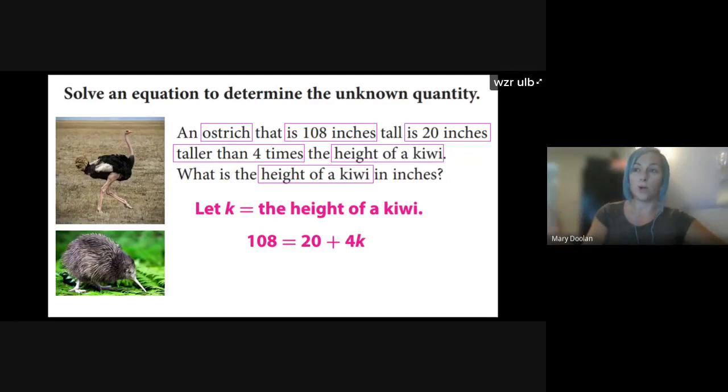So that's why 108 is on one side of the equation on the left by itself, then the equal sign. And then 20 plus 4K comes from 20 inches taller than, more than, that's addition, 4 times, that's multiplication, the height of a kiwi is our unknown, our K.